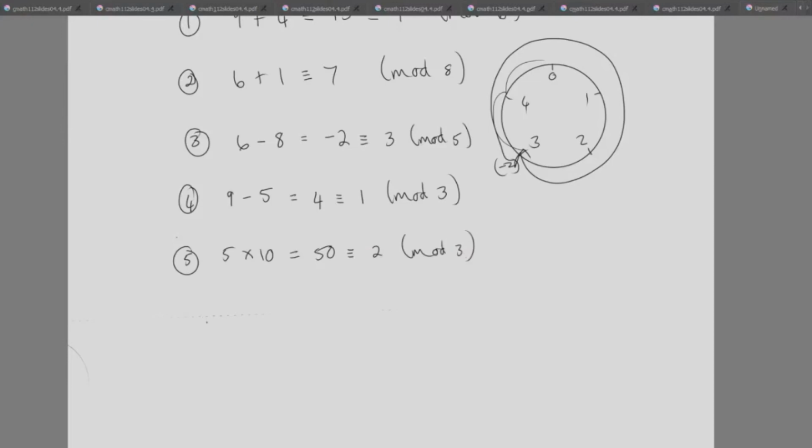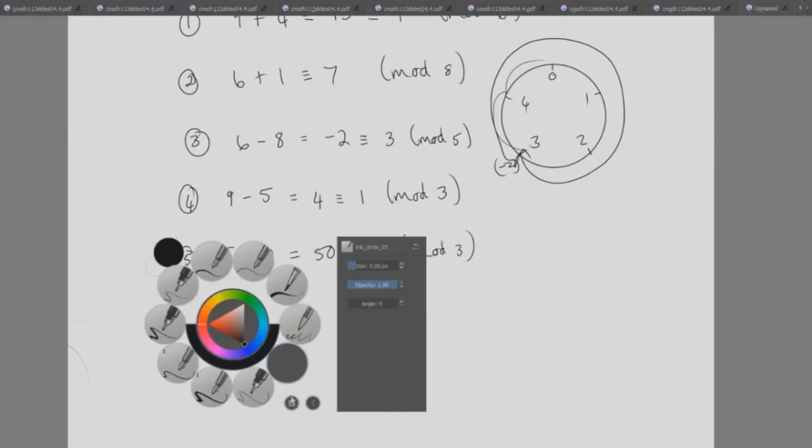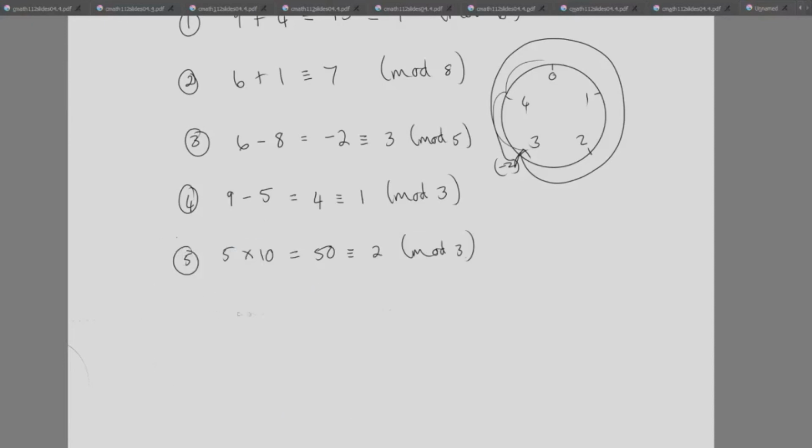And one more. What's this line doing here? It's bothering me. Let's get rid of it. I see you, line. Last one. 8 times 5 mod 9. 8 times 5 is 40.